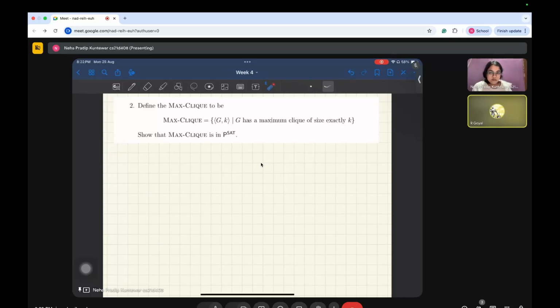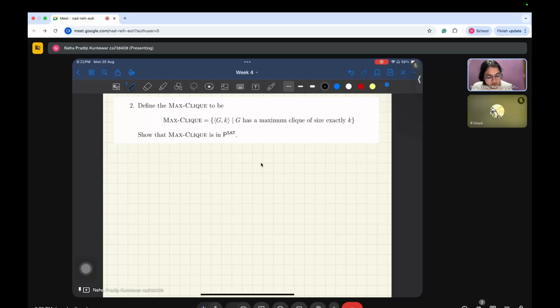K should come into the picture while establishing whether this string is part of the satisfiability or not, and then we can reduce it to the max click to prove this. Yeah, that is correct.